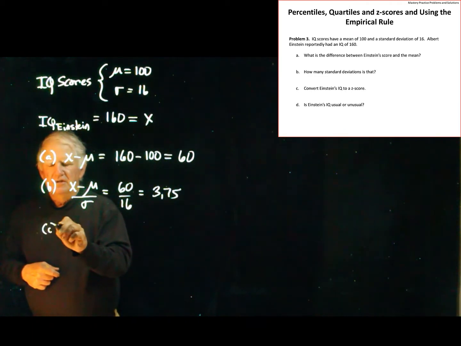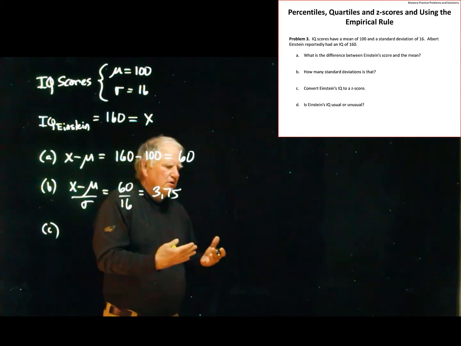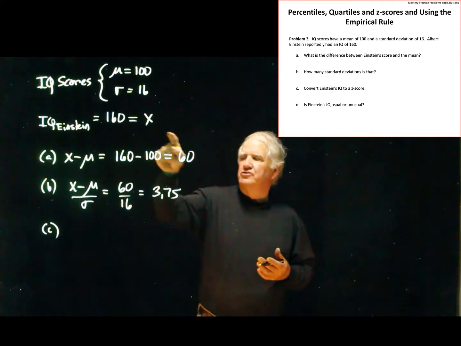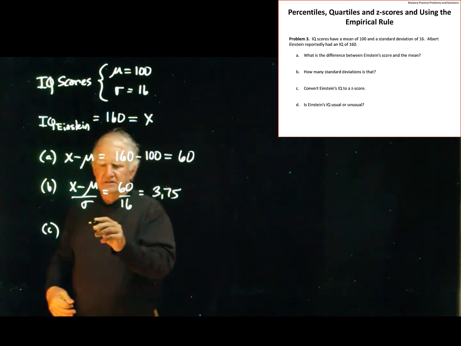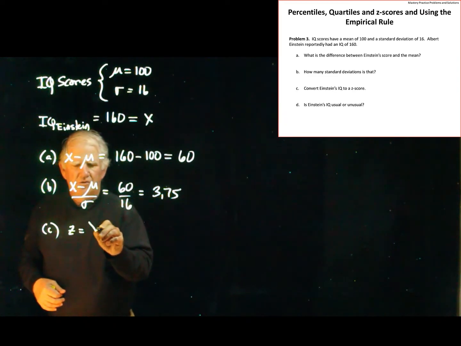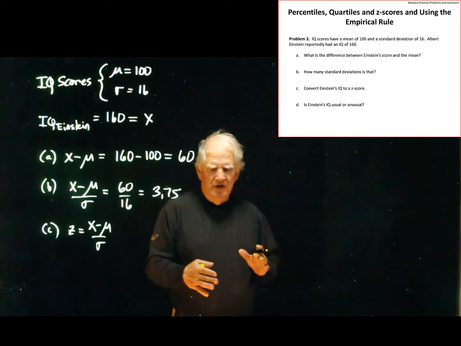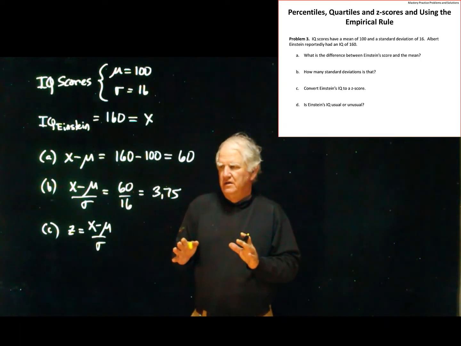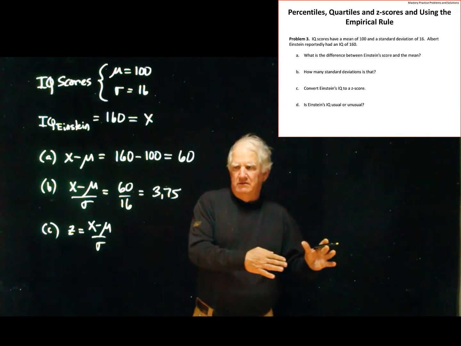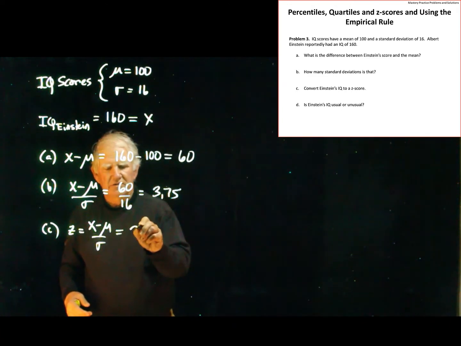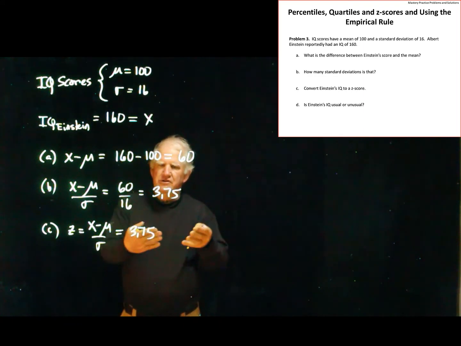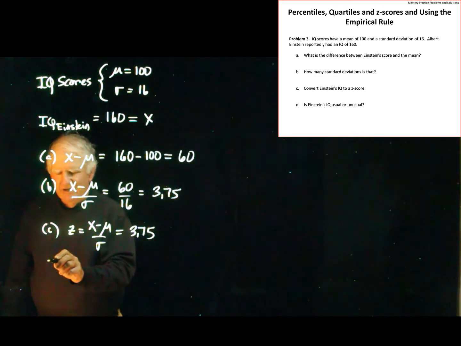And the next question says, well, then what's the z-score associated with this X? Well, that is the z-score, right? The z-score is just exactly that. It's the number of standard deviations that a data value is from its mean, and in this case it's 3.75.